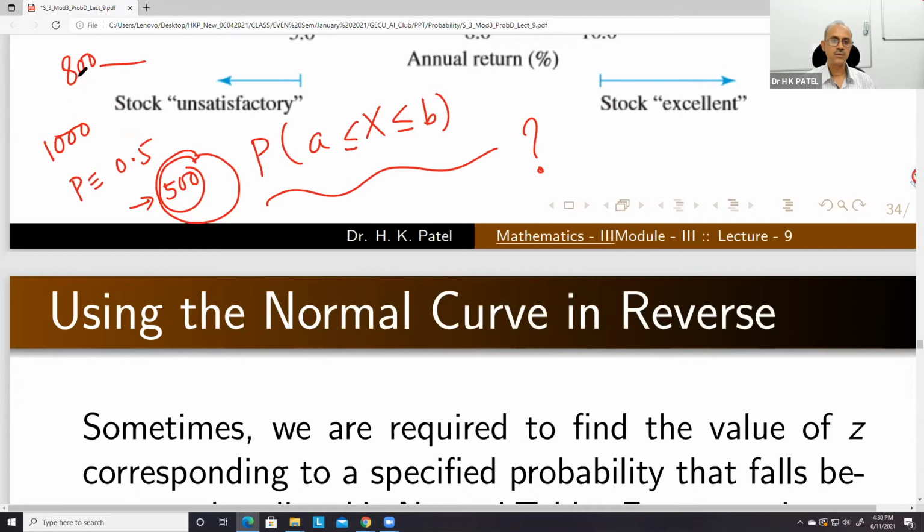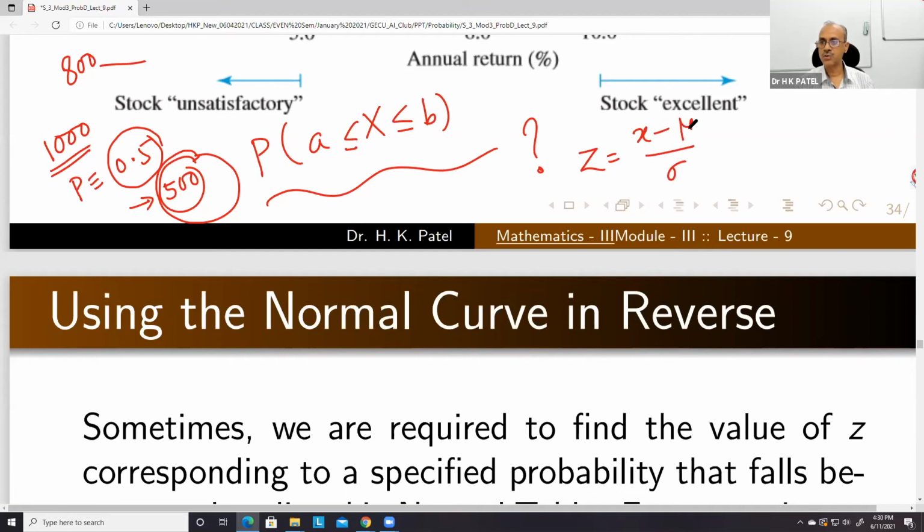Okay, if we are given that 800 has to be passed out of 1,000, then what will be the probability? So probability is obtained, and from probability we can find the z value, because z is equal to x minus mu upon sigma.